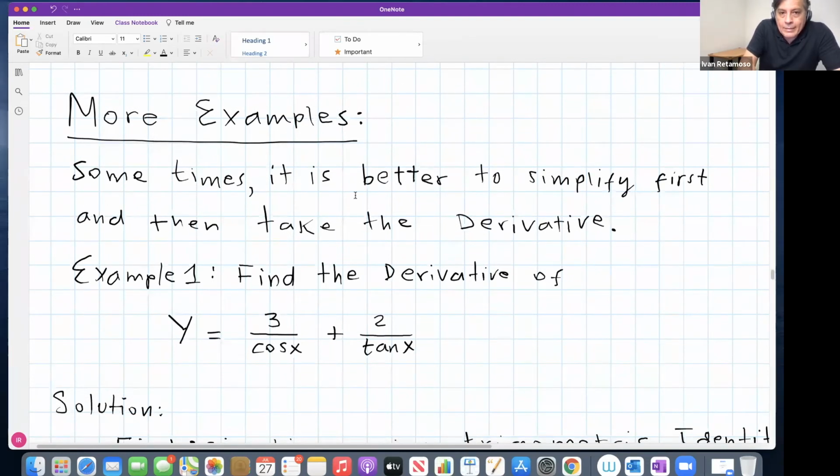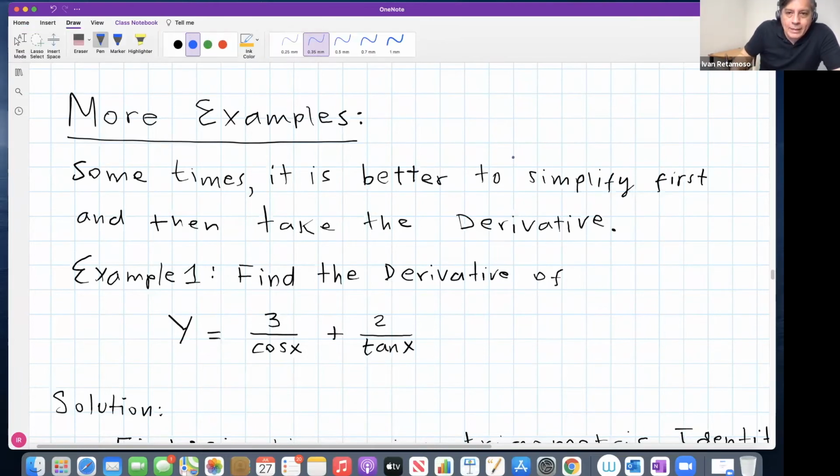Sometimes it is better to simplify first, and when I say simplify, I mean simplify using trigonometric identities, and then take the derivative, right?